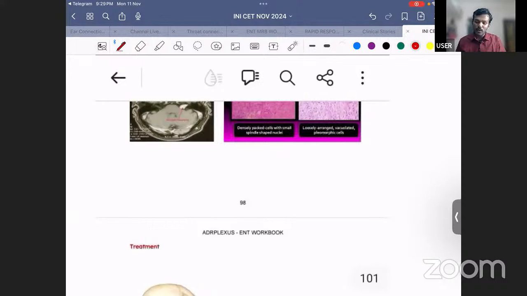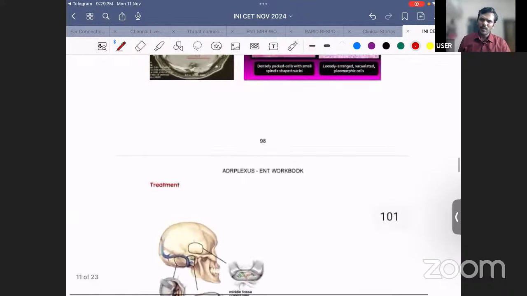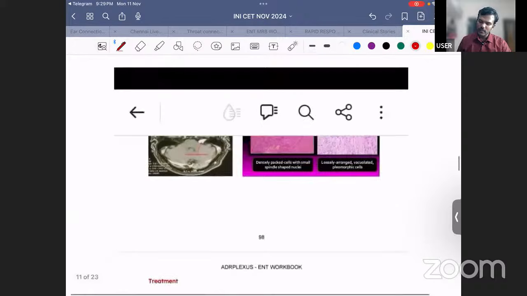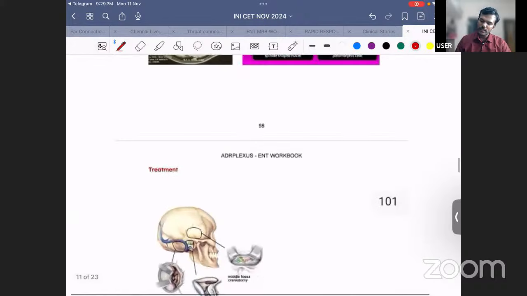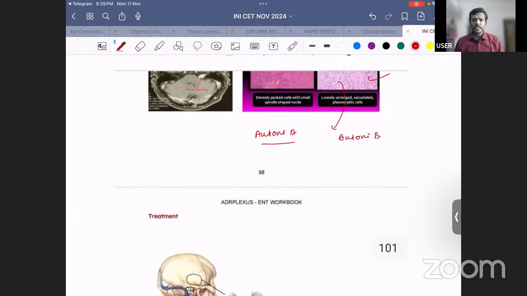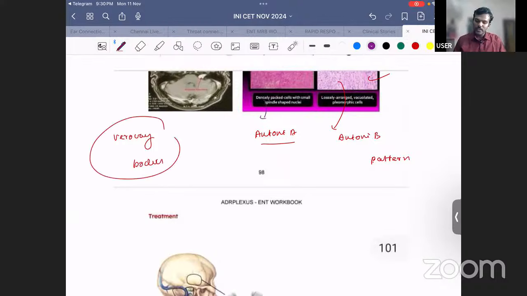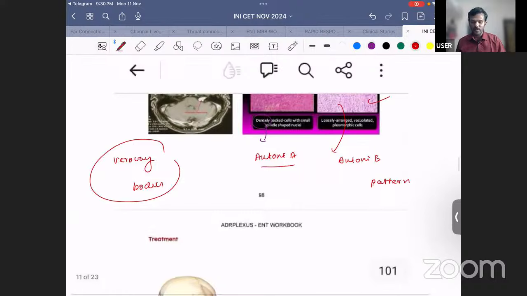When sent for biopsy, it will show Antoni A and Antoni B patterns, and you will also see Verocay bodies. If it is densely packed, it is the Antoni A pattern. If it is loosely packed, it is the Antoni B pattern.